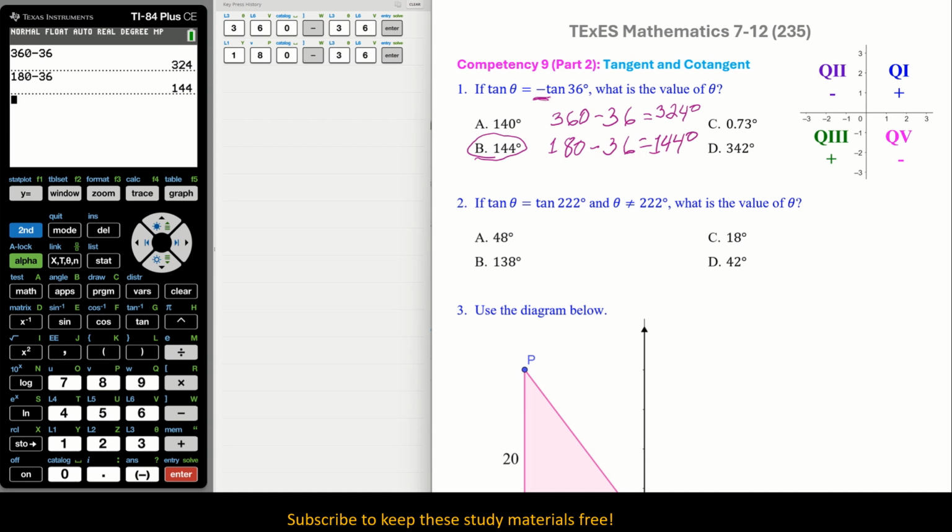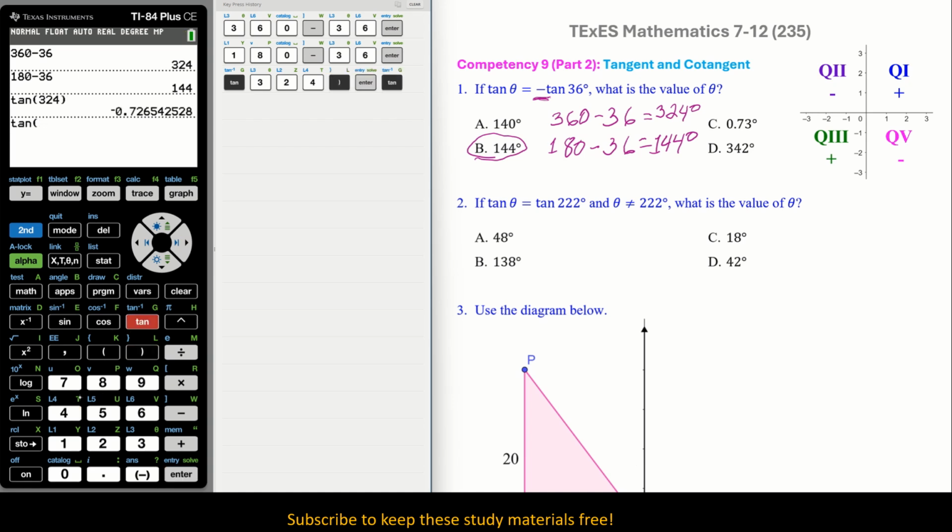Now, as we did in the other videos, you can show that these are all equivalent. So let's do that. Let's say tangent 324, and press enter. And then tangent, and we want 144, close parentheses, and they're the same answer.